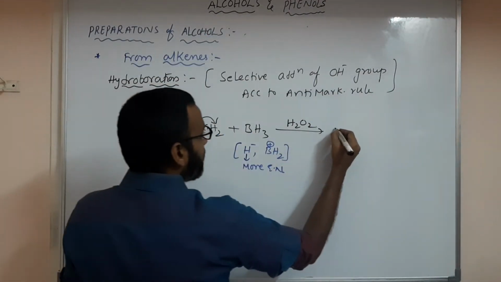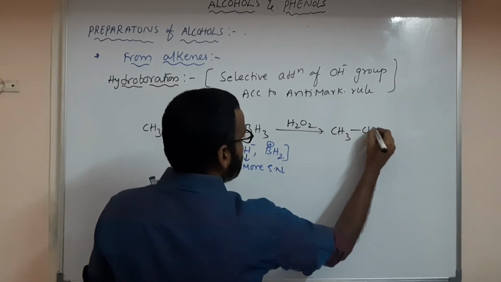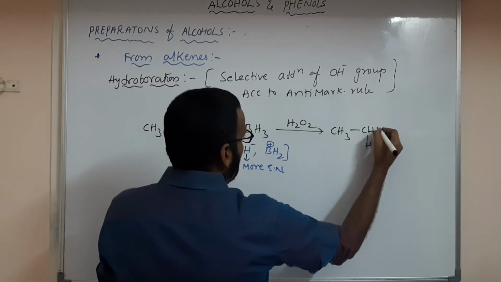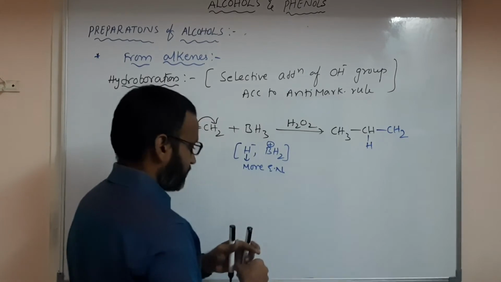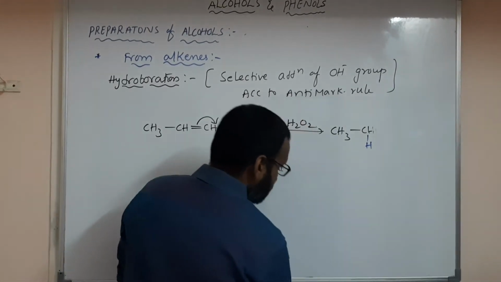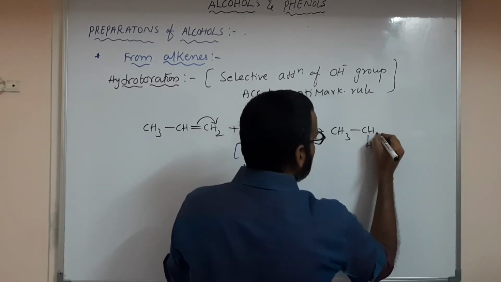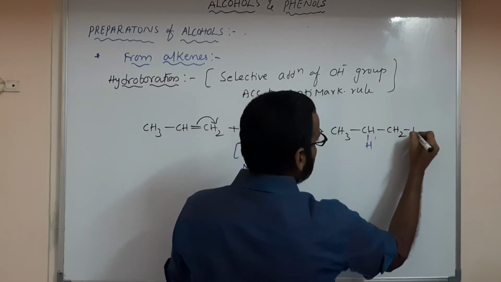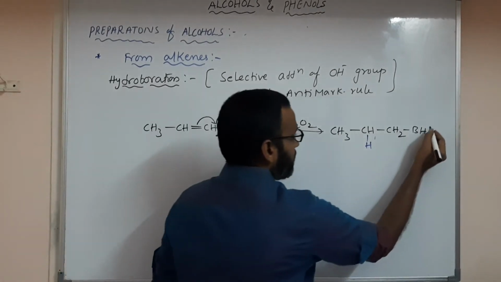So now you can write CH3 and CH2, meaning this H minus came here, single bond CH2. CH and single bond CH2 and BH2. So here you have a BH2 group.